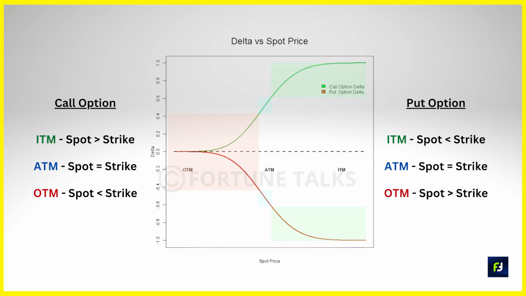It is ATM if the strike price of the call is equal to the spot price, and it is OTM if the strike price of the call is greater than the spot price. Similarly, a put option is in the money if the strike price of the put is greater than the spot price. It is ATM if the strike price of the put is equal to the spot price, and it is OTM if the strike price of the put is less than the spot price.